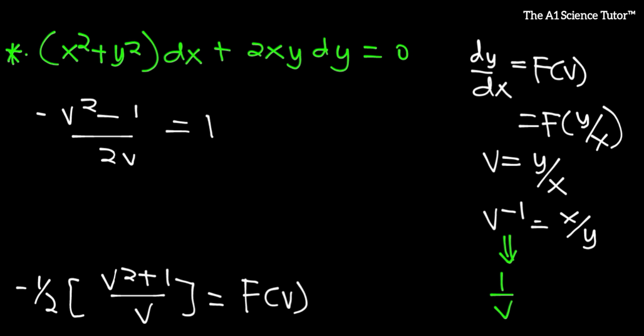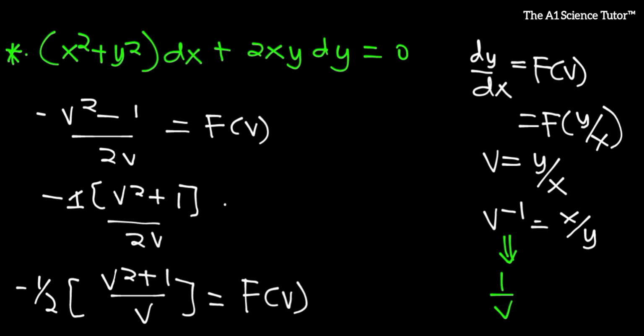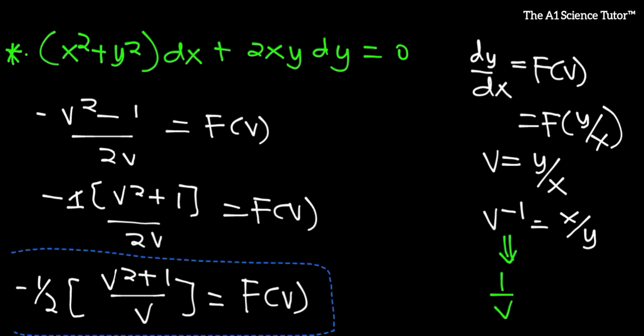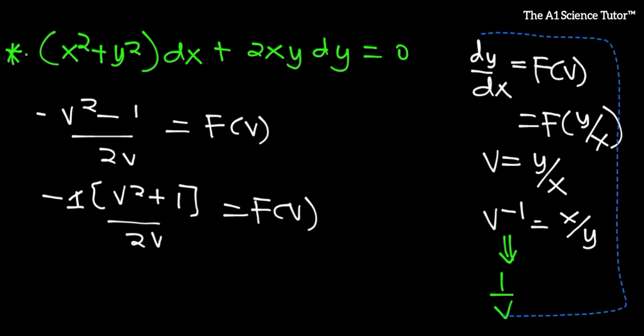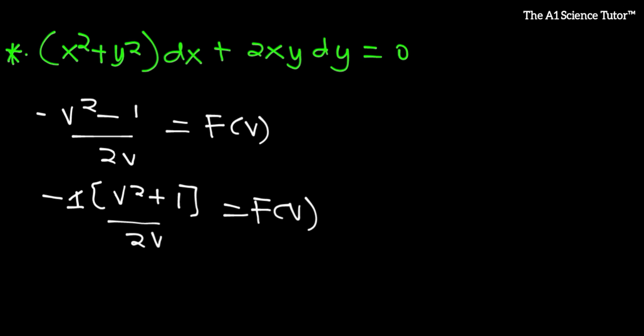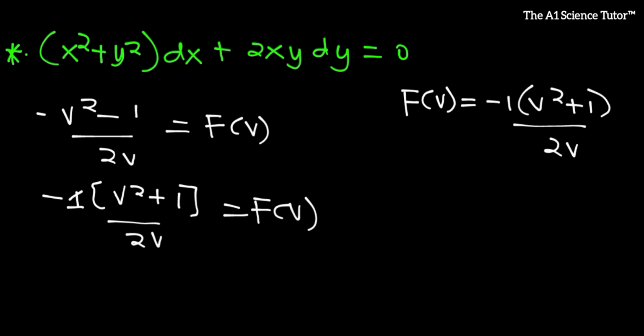That is actually equal to f of v. So you could actually use this, or you could use -1 multiplied by v squared plus 1 divided by 2v, and that is actually equal to f of v. So we need to place that somewhere very close because we're actually going to need it. So I'm going to place it over here. F of v is going to be -1 multiplied by v squared plus 1 divided by 2v.